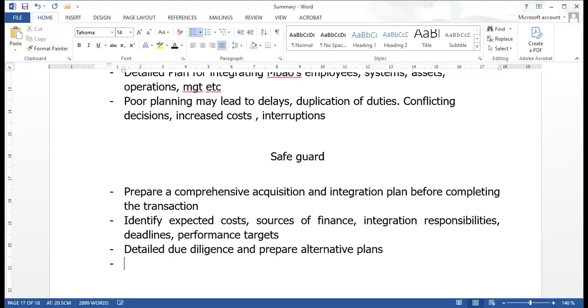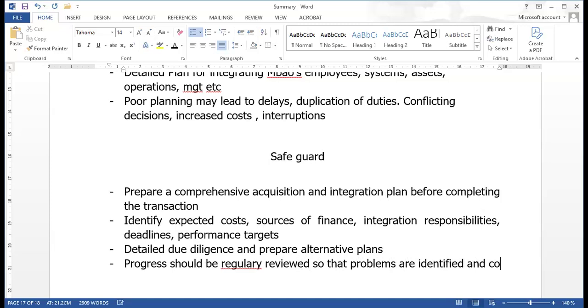Progress should be regularly reviewed so that problems are identified and corrected.